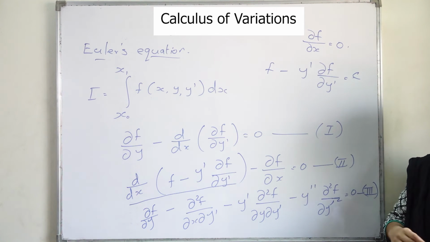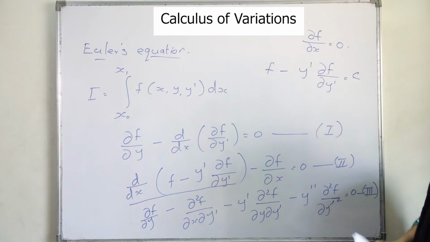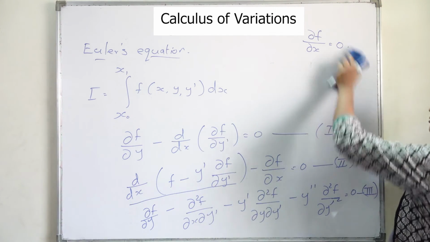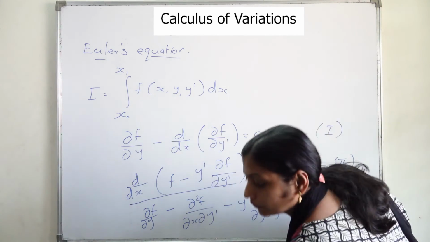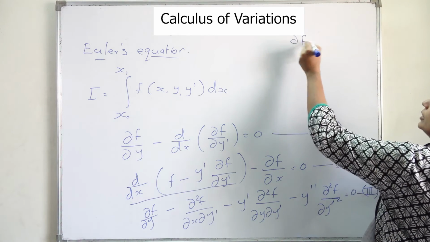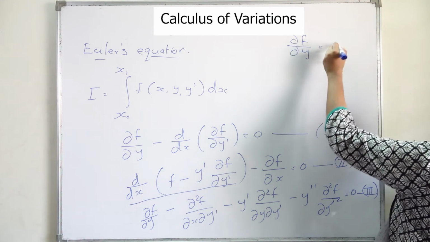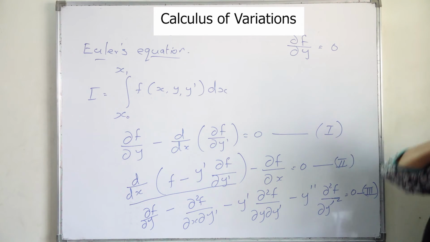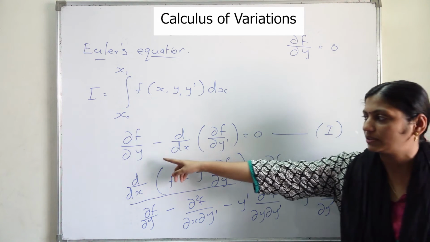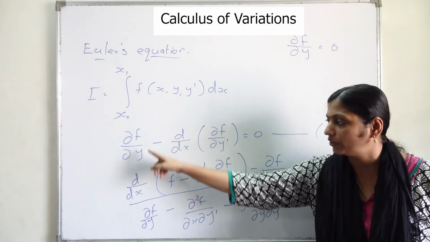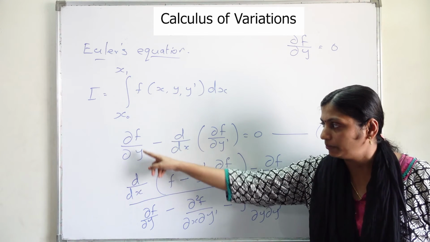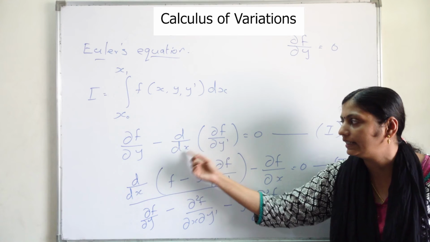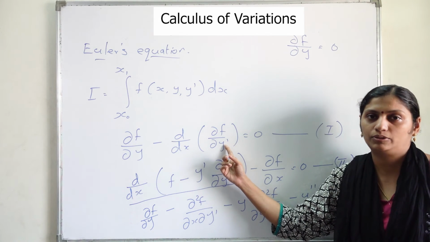Now the second case is when f is independent of y. So when f is independent of y, you get ∂f/∂y is equal to 0. When ∂f/∂y is equal to 0, you can go to the first equation, which has the term ∂f/∂y. So you can rewrite the first equation in the form d/dx of ∂f/∂y' is equal to 0.